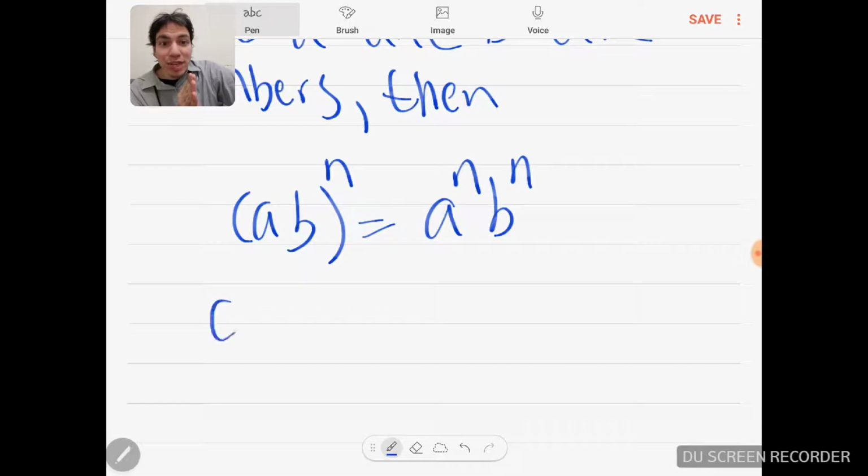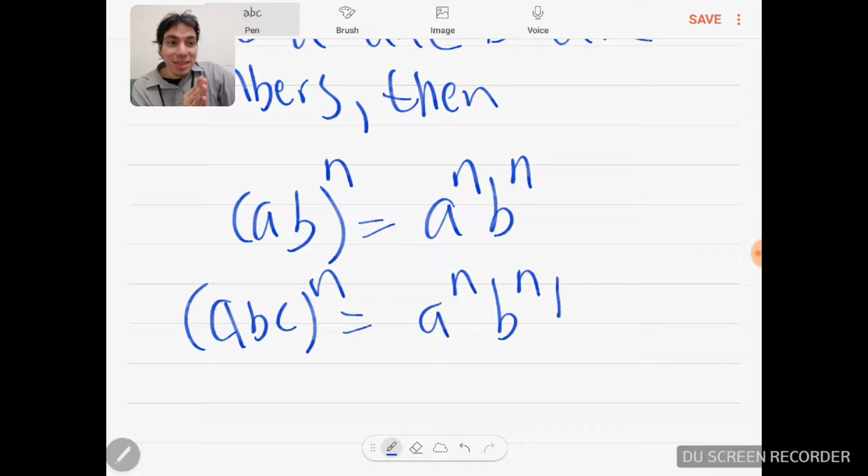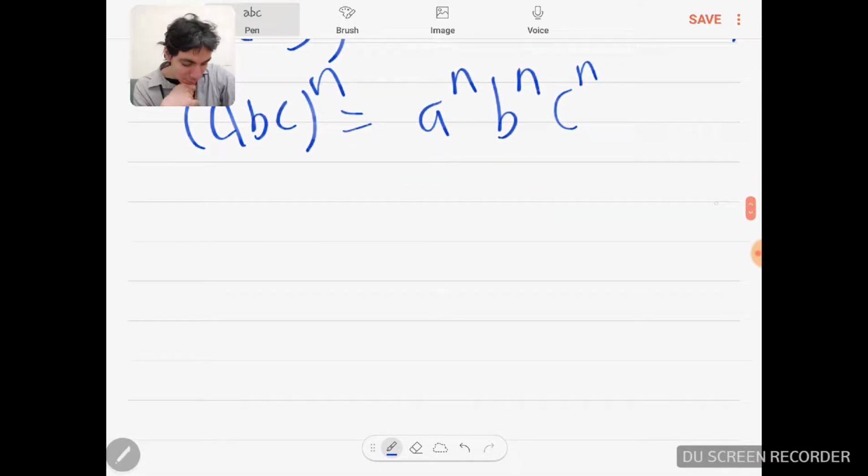Or let's say I had three objects. I had (abc) to the n. It would be a to the n, b to the n, and c to the n. Okay? That's the rule. Now, let's do an example.